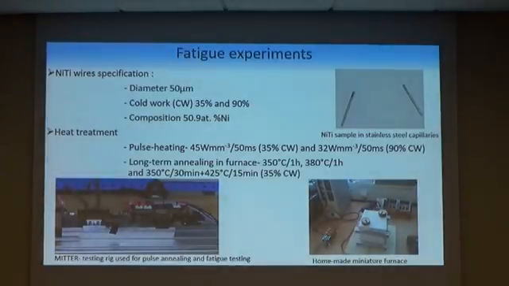So now I will proceed to our fatigue experiments. We used thin wires manufactured by Fort Wayne Metals. Cold work of these wires is approximately 35%, and also 90% cold work was used in one case. And we performed 5 very different types of annealing, pulse heating and also long-term aging annealing in a conventional furnace, to achieve a wide range of superelastic plateau strains.